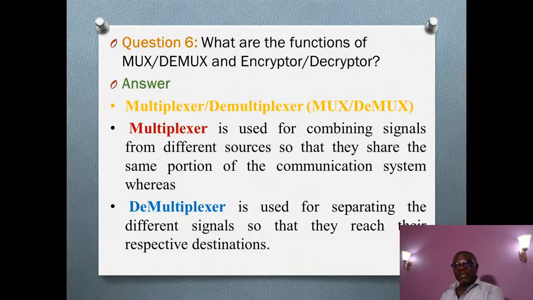So you multiplex them, even though they have different frequencies, and you can transmit them down the communication channel using only one channel. At the end, the demultiplexer will be able to separate those signals and send each one to its respective destination.